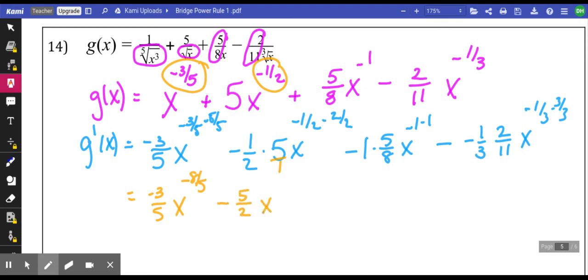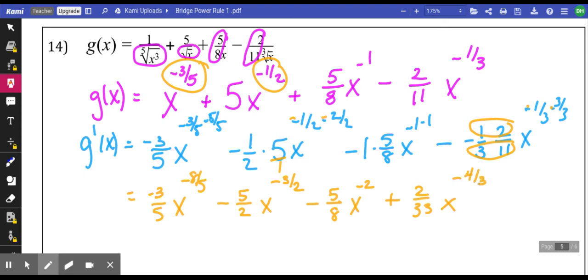X to the negative 1 minus 2 would be negative 3/2. Negative 1 times 5/8 is just going to be a negative 5/8. X to the negative 2, negative 1 minus 1. This negative negative is going to make a positive. On top, I get 2/33 on the bottom. And I'm going to get x, negative 1 minus 3 would be negative 4/3.